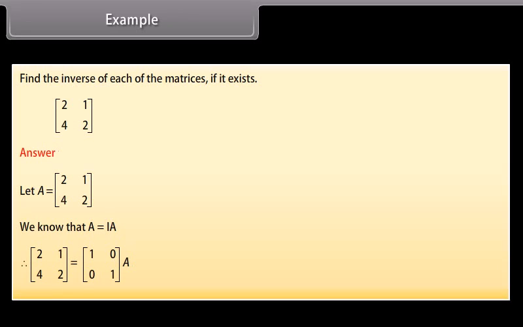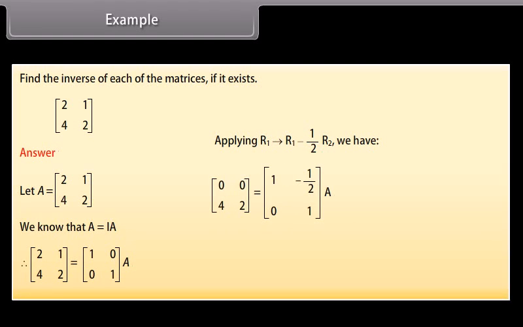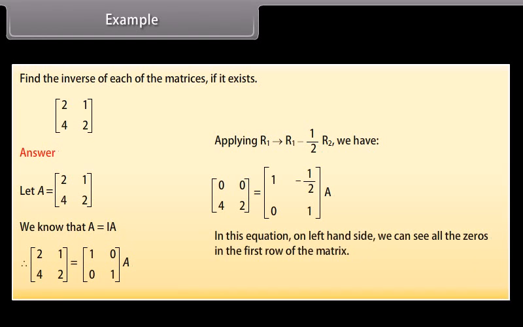Therefore, the matrix with rows [2, 1], [4, 2] is equal to the matrix with rows [1, 0], [0, 1] times A. Applying R1 changes to R1 minus 1 by 2 of R2, we have the matrix with rows [0, 0], [4, 2] is equal to the matrix with rows [1, -1/2], [0, 1] times A. In this equation, on the left hand side, we can see all zeros in the first row of the matrix. Therefore, A inverse does not exist.